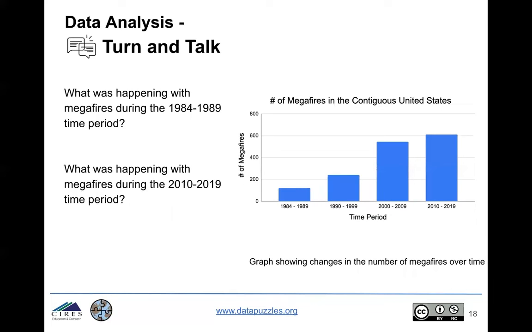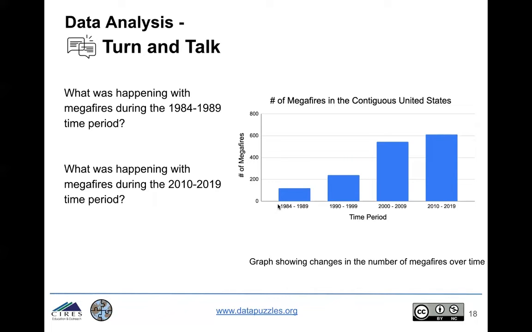So this is a slide directly from that slide deck. We are encouraging you to challenge students to talk with a partner, talk as a whole class about some specific, in this case, bars in the bar graph. So this graph we're looking at is the number of megafires in the contiguous United States, from 0 to 800, and we're looking at these megafires over 4 distinct time periods.